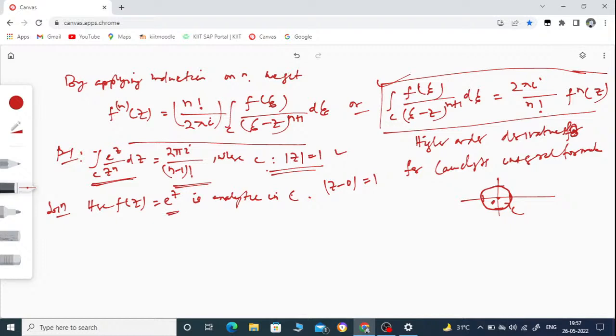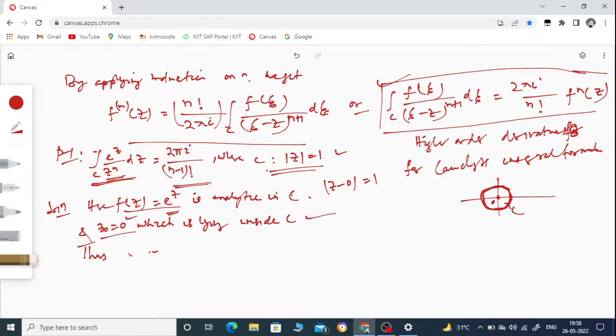And z to the power n means z minus 0 to the power n, so z naught is 0, which is lying inside C, in the interior of C. Say this is the circle C, and 0 means the origin, and it is lying inside C.